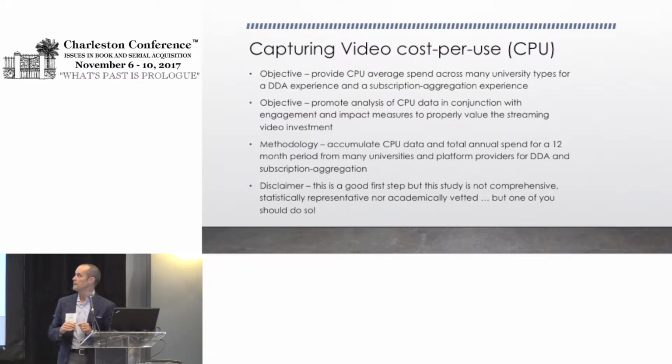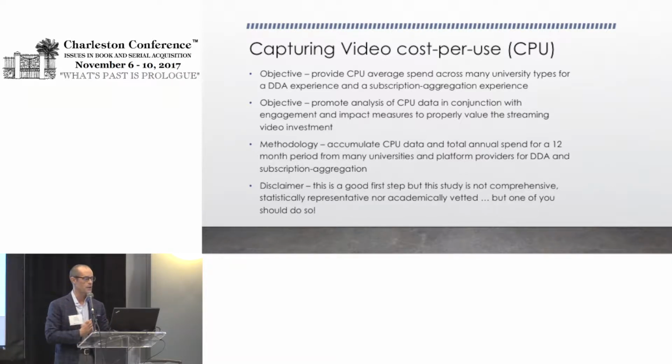So a bit about capturing video cost per use and what we want to accomplish in the study that we did together. As I said, we want to provide CPU, cost per use average, across as many university types as we could, for subscription aggregation, and then DDA.